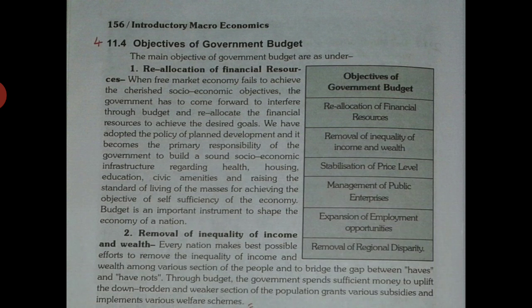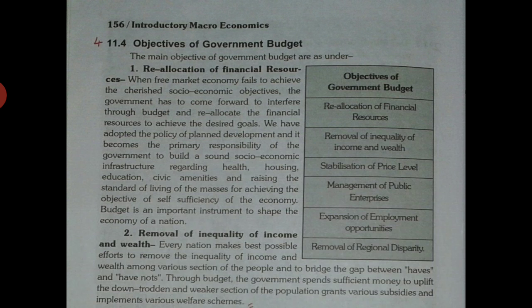So that tax is levied on the rich class people and it is distributed among the poor through different schemes and plans by the government, so that upliftment can be done for the downtrodden people. The downtrodden means the weaker section of the society. So they are given certain grants, subsidies and welfare schemes.